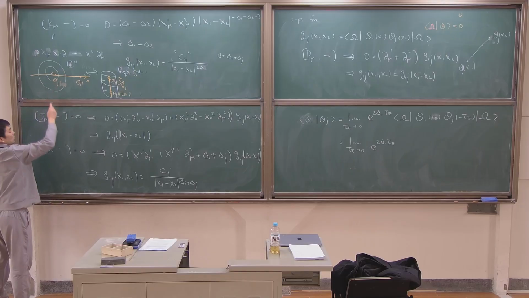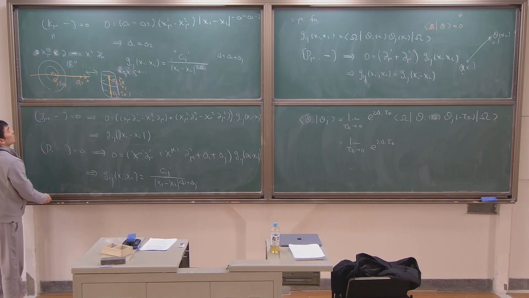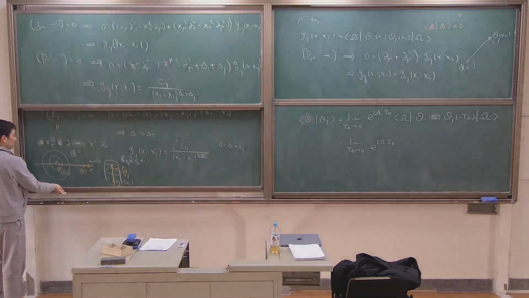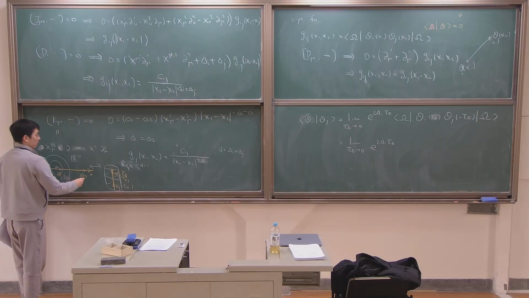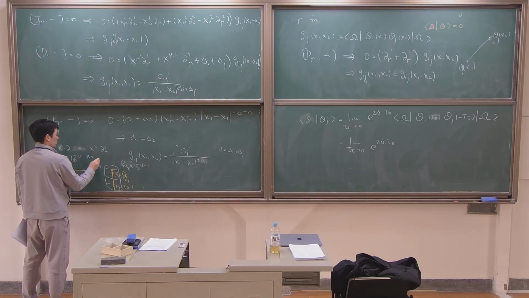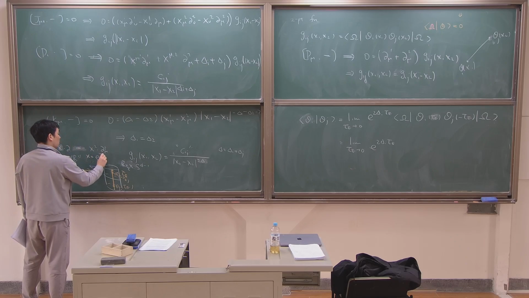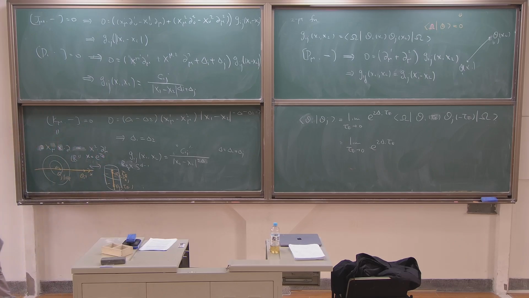And this map is given by x equal to e to the tau.